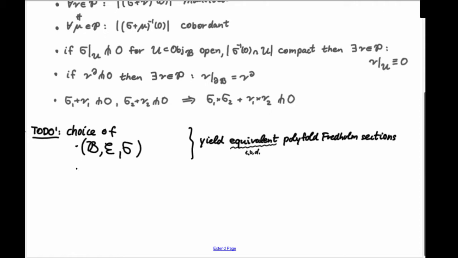There's usually also a choice of complex structures, or almost complex structures, and changing them should yield somehow equivalent sections in some sense.